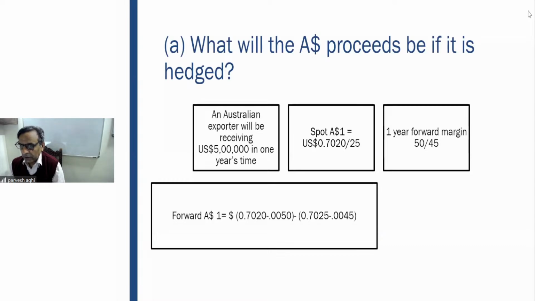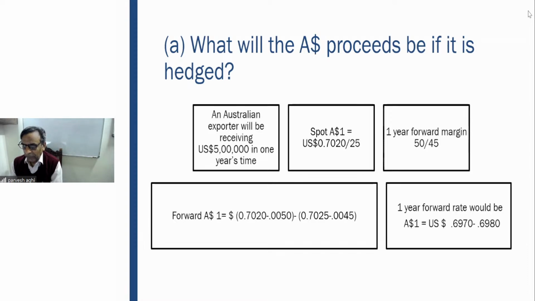Remember, we did a similar question on our second or third day. We simply subtract these swap points and calculate the 1 year forward rate, which will be 0.7020 minus 0.0050 for the bid rate, and the ask rate will be 0.7025 minus 0.0045.